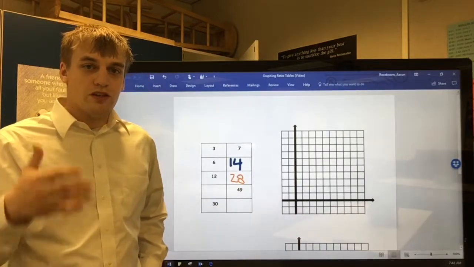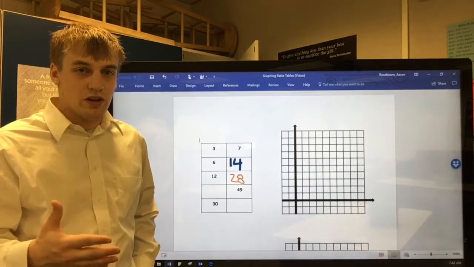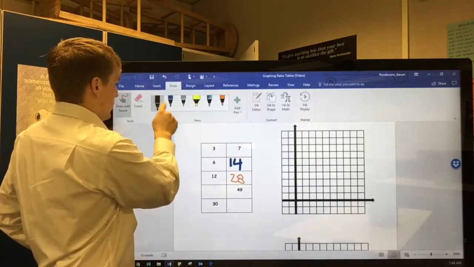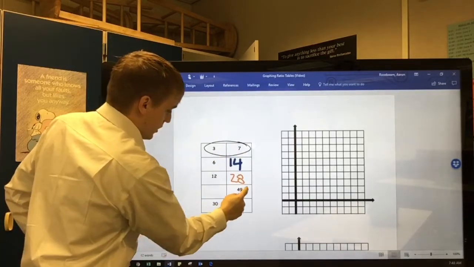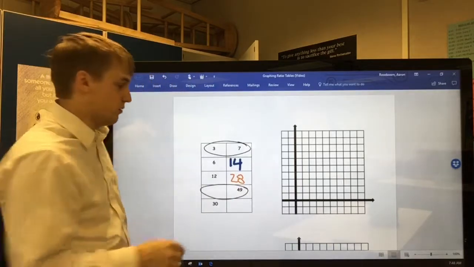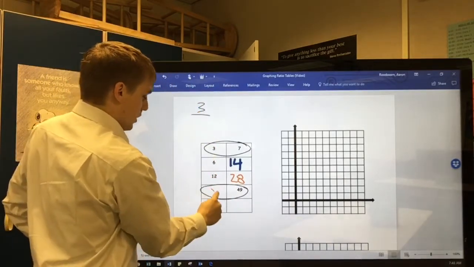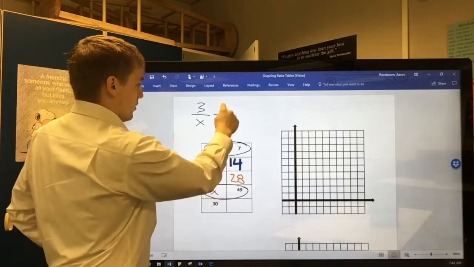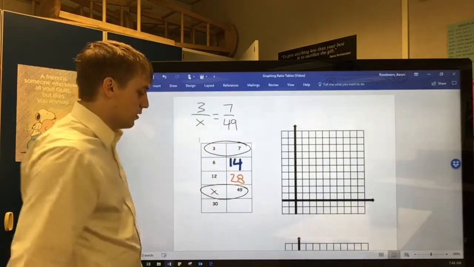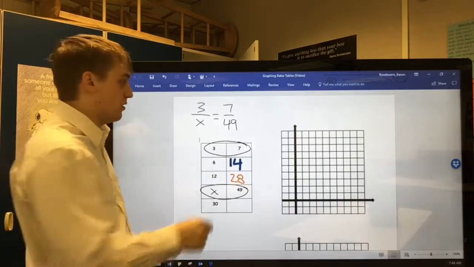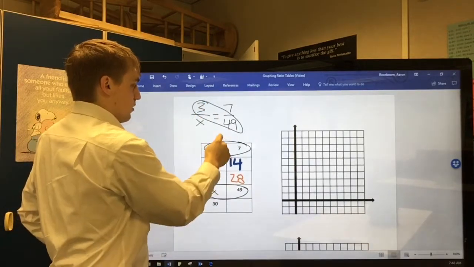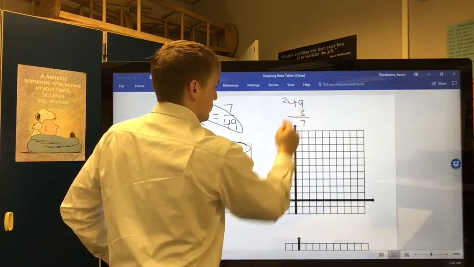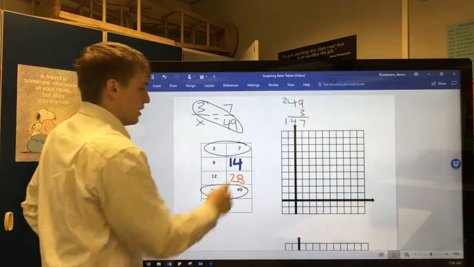The next way that we talked about is creating a proportion and solving it. So how do we do that? Well, let's take this row and this row, and we can create a proportion. So I would do 3 over 7 equals x over 49. Okay, so we can cross multiply and divide. 3 times 49, I don't know that, so I've got to do that on the side. 147.